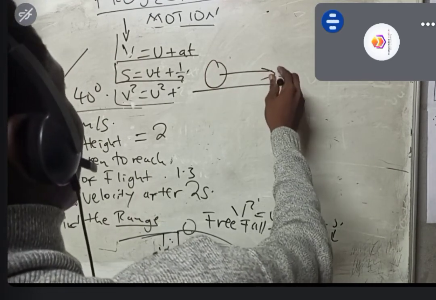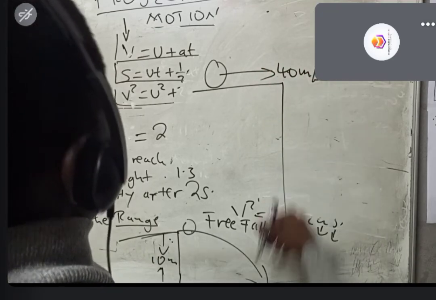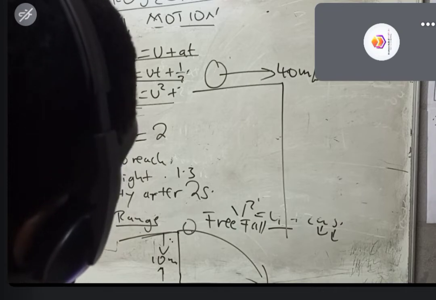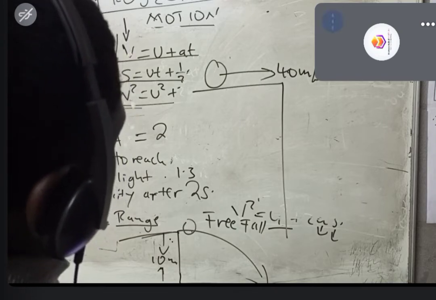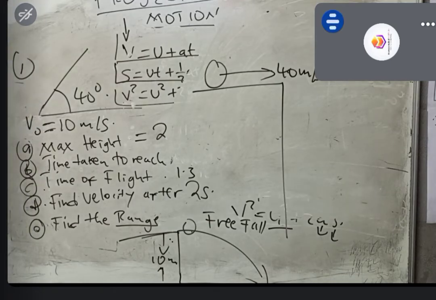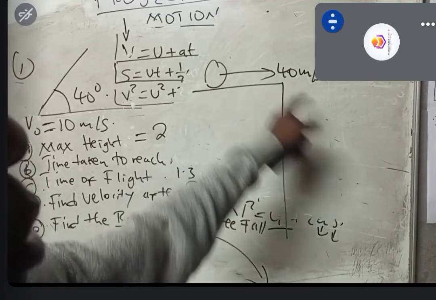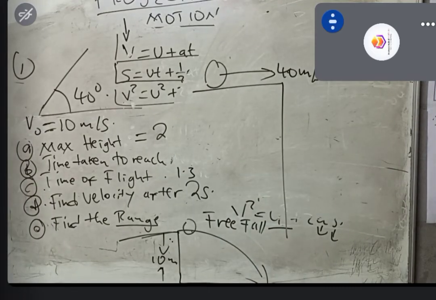Okay, yeah. 40 meters per second. You have that ball there, okay? Somebody at the top of the building, and the ball is moving with that speed in the x direction.